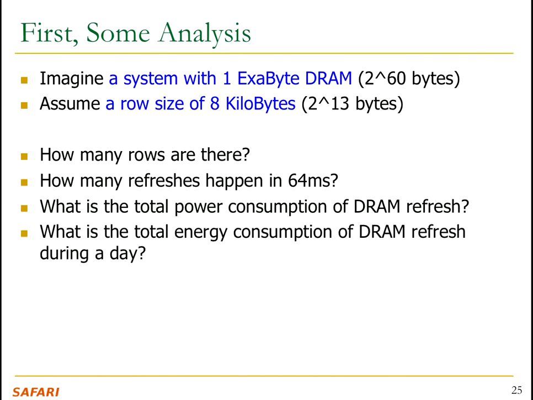And what is the total energy consumption of DRAM refresh during a day? Now, once you have the power over here, you multiply it with the number of times you need to do the refresh during a day, right? You get the joules after that. Okay? Because energy is power times time, right? You know that from your physics classes.